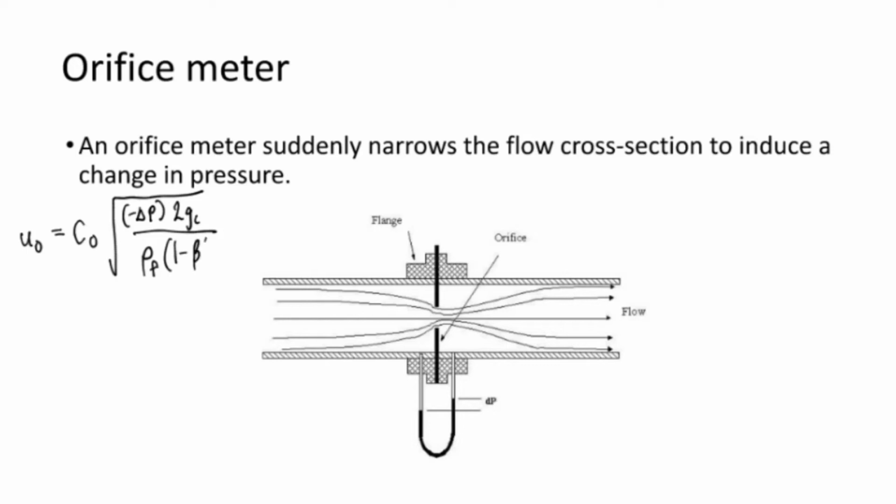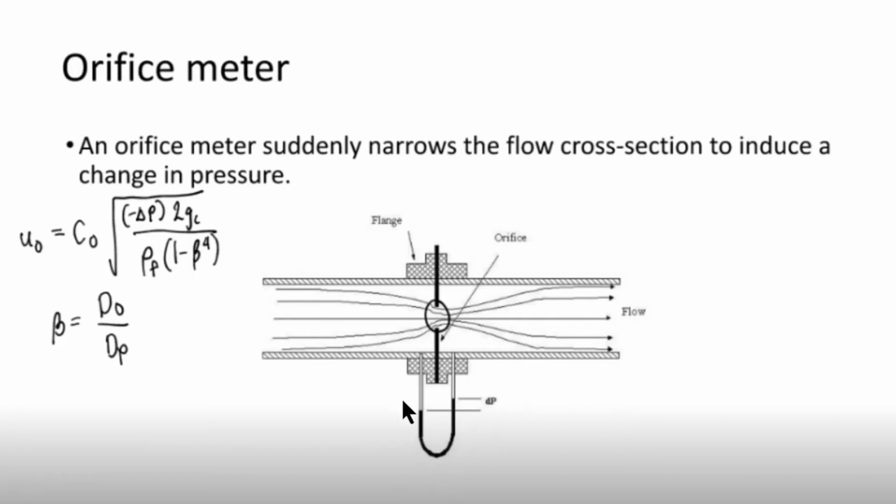It's the same equation. The beta in this case is defined as the diameter of the orifice over the diameter of the pipe. This is our orifice. The orifice is the small opening that restricts the flow of the fluid into that small area. The pressure drop that registers here is due to the restriction in the flow area.